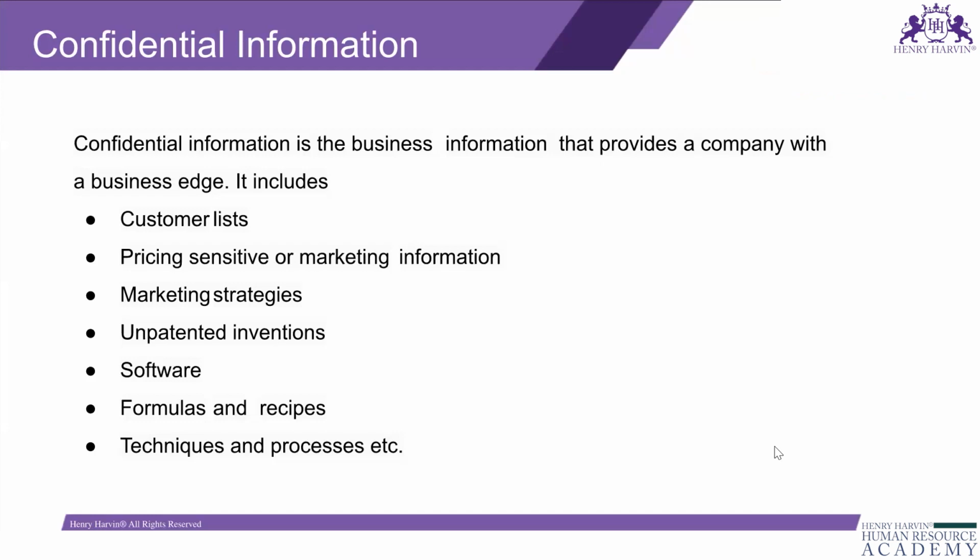Apart from that, many other confidential information are there. I have explained in the perspective of HR. So they have given what all confidential information an organization will maintain. First is customer list, pricing sensitivity or marketing information, marketing strategy, patent invention, software, formulas and recipes, techniques and processes.